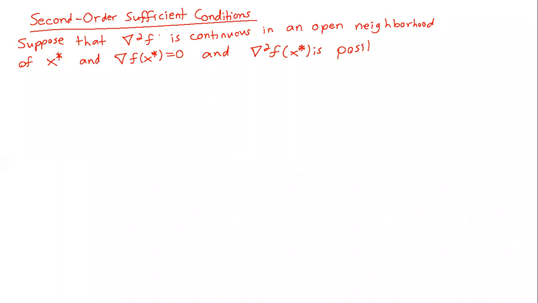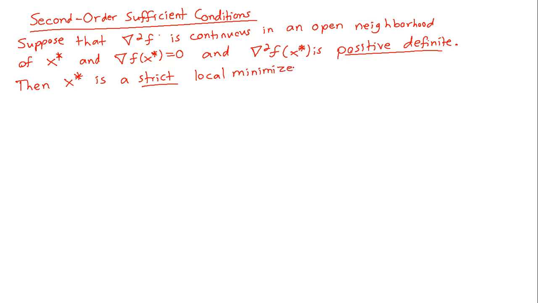Notice it doesn't say positive semi-definite here, it says positive definite. Then x star is a strict local minimizer of f.